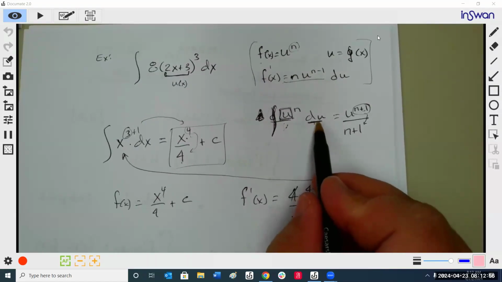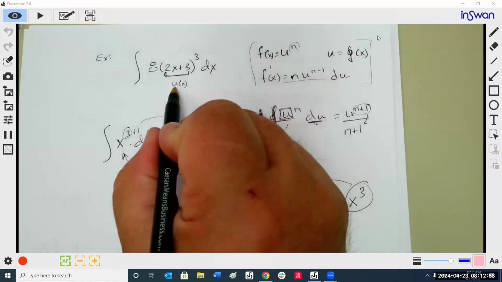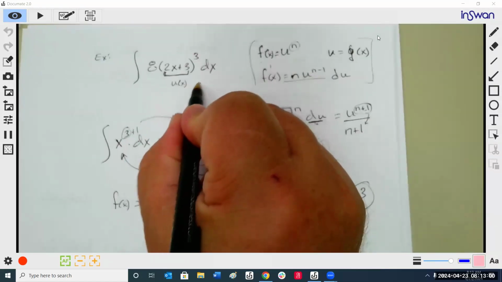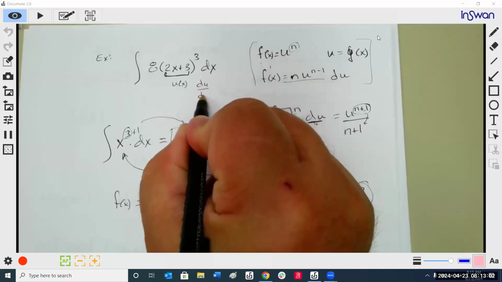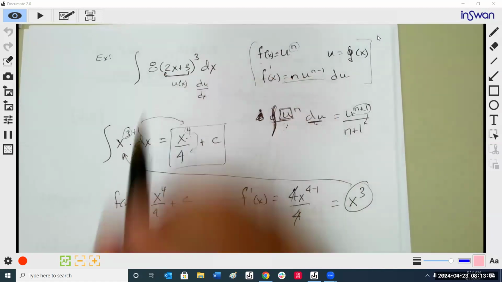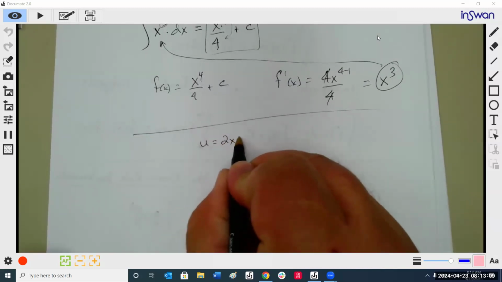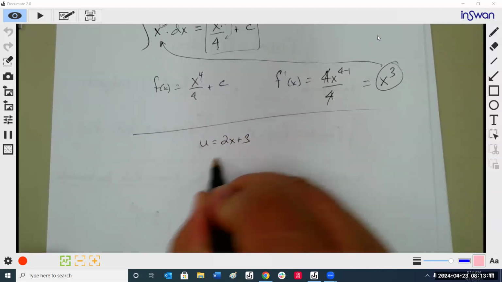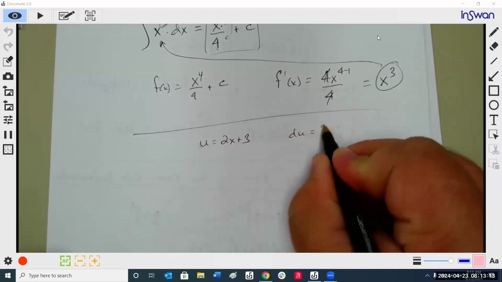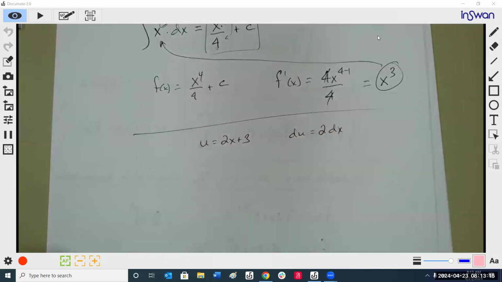Because we have to get du. What's the derivative of this one? So our u function is 2x plus 3. Our du is 2 dx.